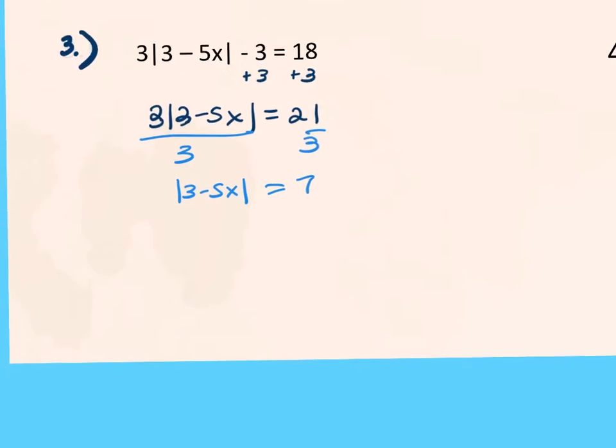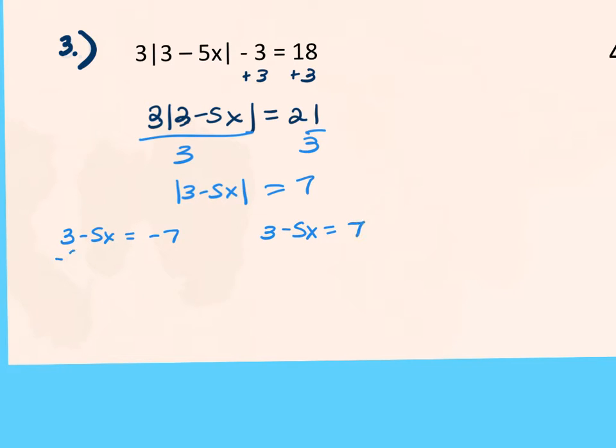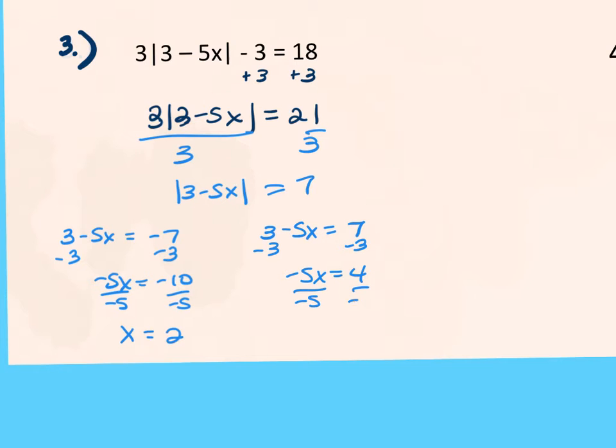So I set that absolute value equal to the positive and negative version of that number, which means 3x minus 5, or 3 minus 5x equals a negative 7, and 3 minus 5x equals a positive 7. Subtract the 3. Divide by negative 5. Subtract the 3. Divide by negative 5.